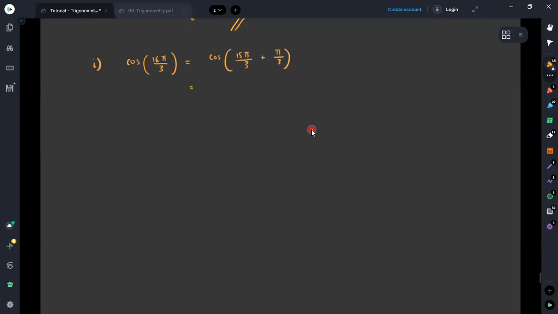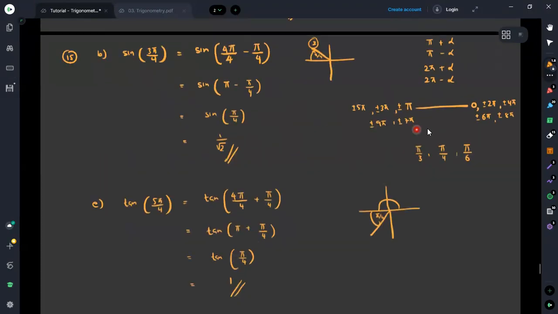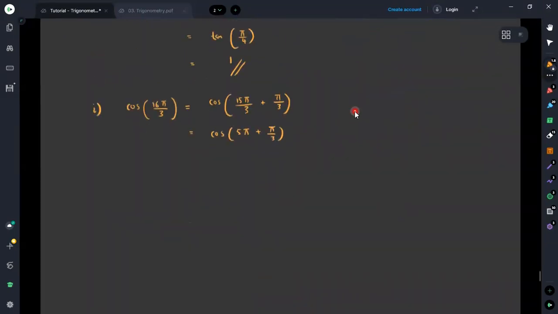We know that cosine of 15 times 5 over 3 can be written as 5 times 5, then another 5 over 3 would be here. Therefore, we have cosine of 5 times 5.